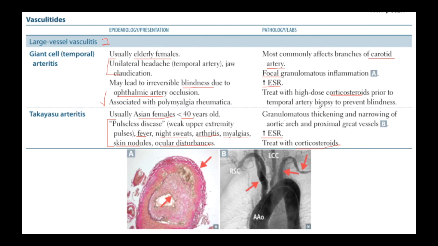This one also has granulomatous inflammation with thickening and narrowing of the aortic arch. So as you can see here, we've got some thickenings and narrowings going on. Any questions about these two before we move on to our medium vessels?